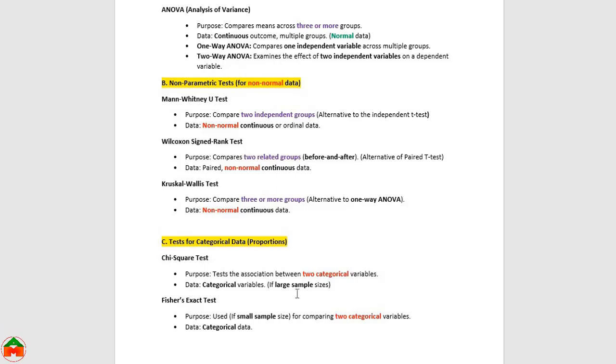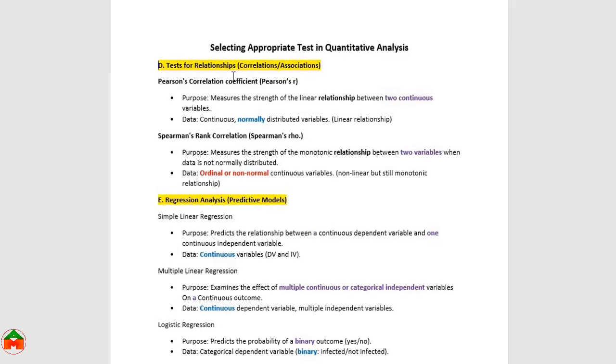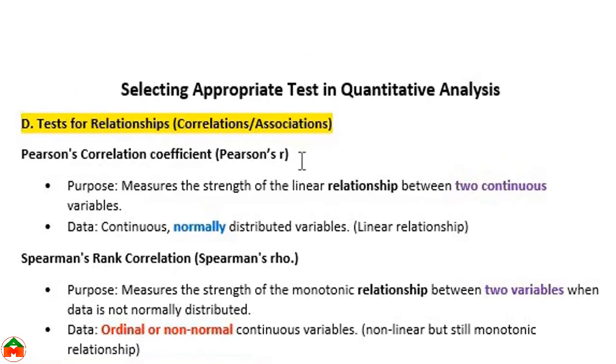So in case of categorical variable, we apply the chi-square test and Fisher's exact test. But if the sample size is small, apply the Fisher's exact test, and if the sample size is higher, then apply the chi-square test.